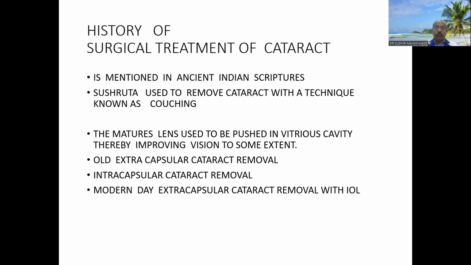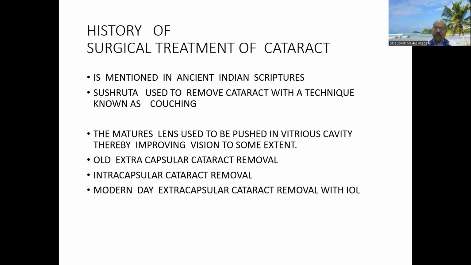They used to push the cataractous lens back into the vitreous cavity, and thereby the opaque lens obstructing the visual axis would fall down inside the vitreous cavity, and the patient's vision would improve for some time.